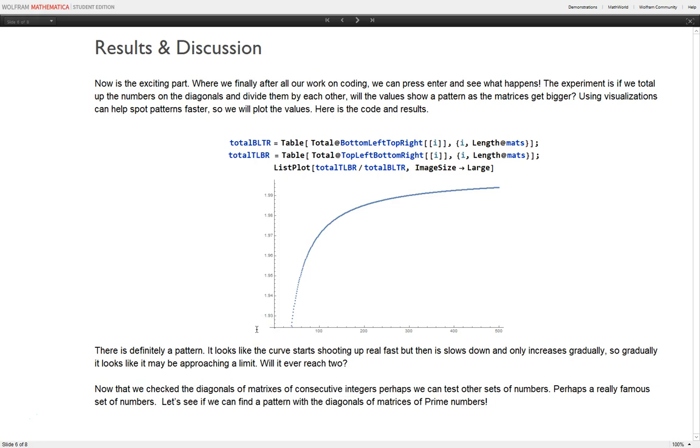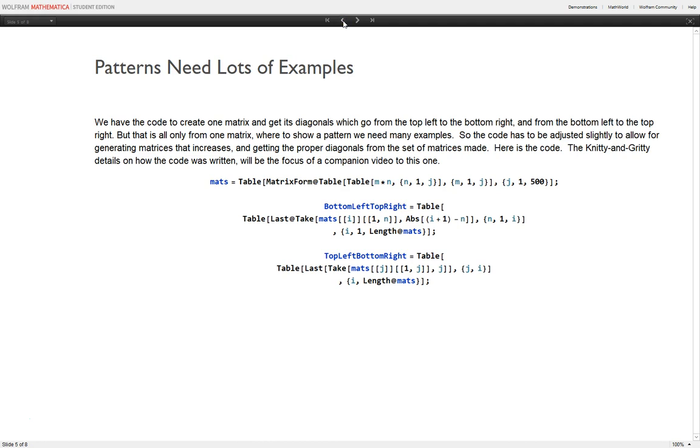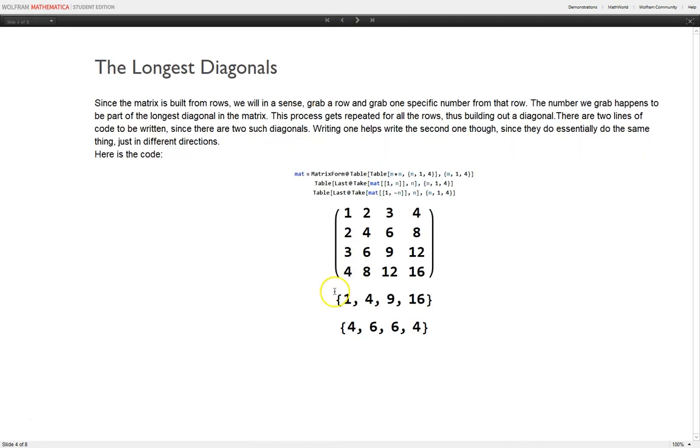So it looks like the curve starts shooting up real fast, and then it slows down, and it only increases gradually. So gradually it looks like it may be approaching a limit, and the limit is 2. Like, will it ever reach 2? Doesn't look like it.